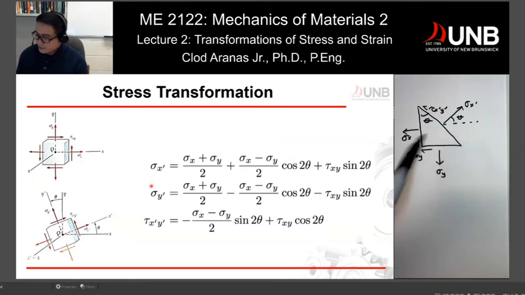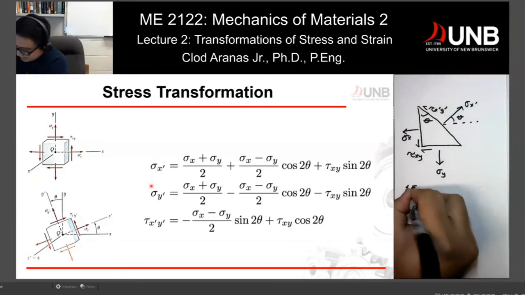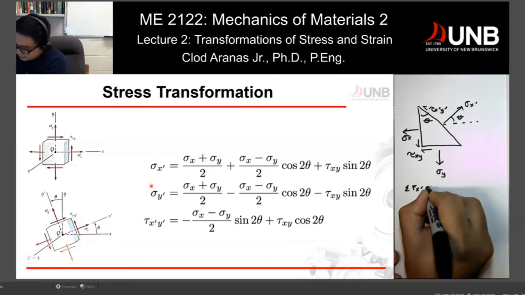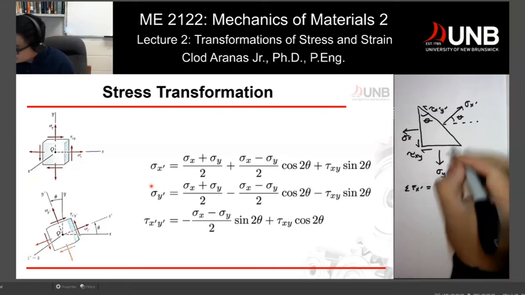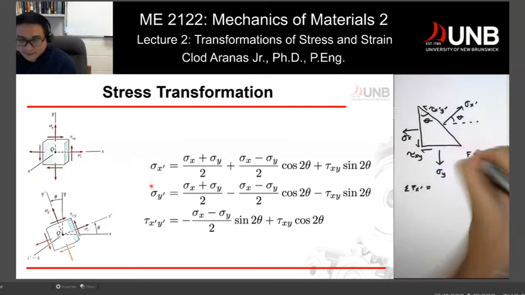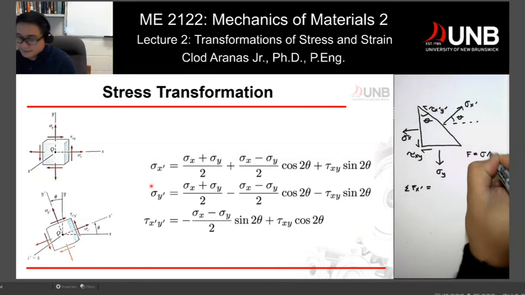Now, having these components here, you can now sum forces along x prime. When we sum forces, take note they are stresses, not forces, so we have to multiply them by their area. Your force is equal to stress times area.